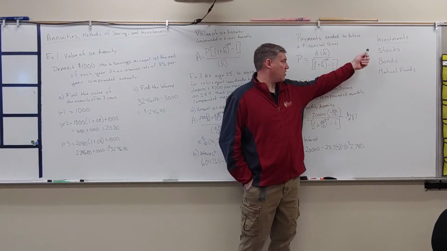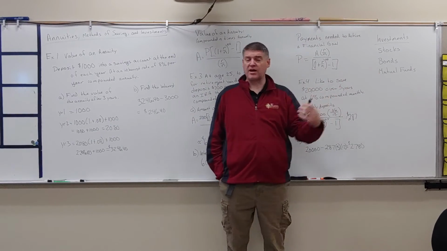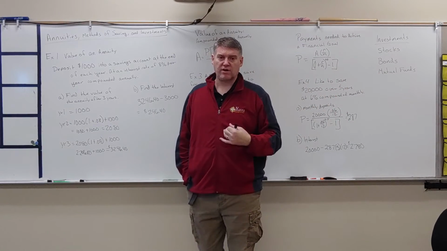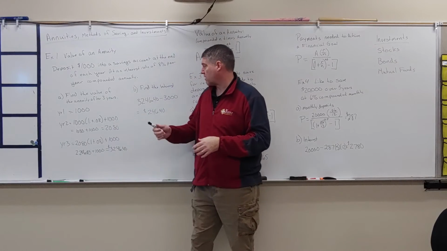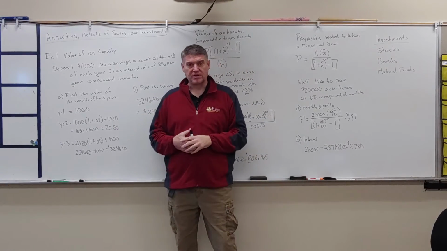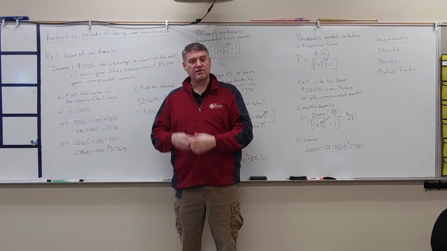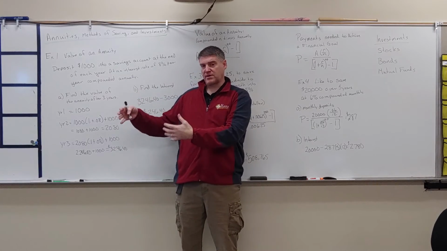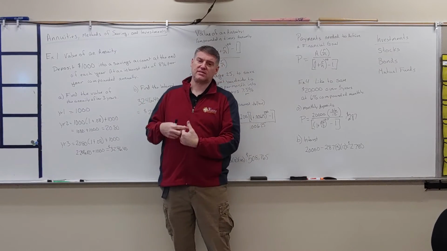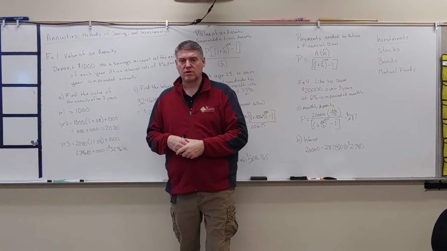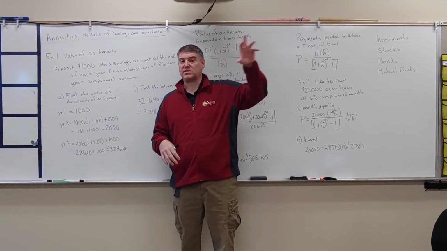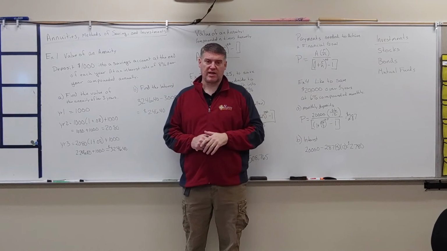Now a lot of these are built into retirement funds. So if you have an IRA, which is an individual retirement account, you're investing for your retirement later on in life. So you're investing in value now to be able to have income later on in your life.